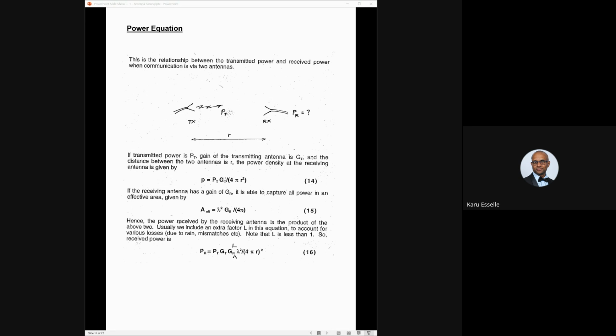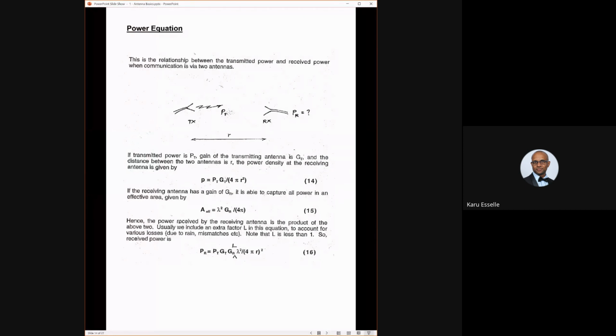There's a theory that says the receiving antenna behaves like a bucket of collecting. That's a simple explanation. The receiving antenna is like a bucket that collects electromagnetic intensity or power.